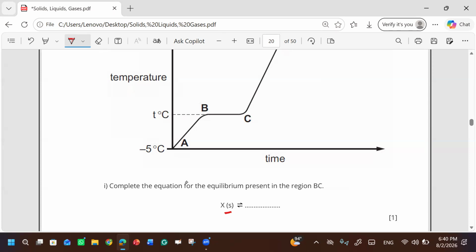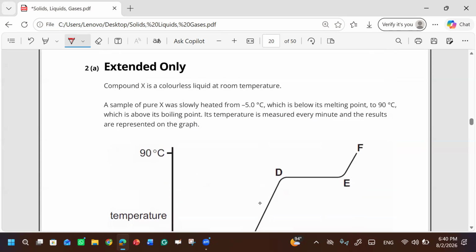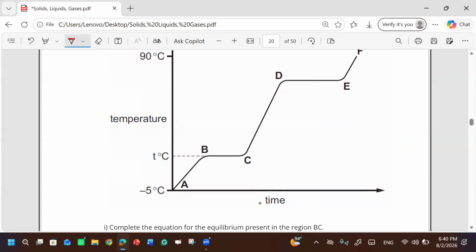They are saying the graph is -5 degrees Celsius, which is below its melting point. What is the melting point? B and C will be melting point. At the melting point, what happens is we say the temperature remains constant, okay?